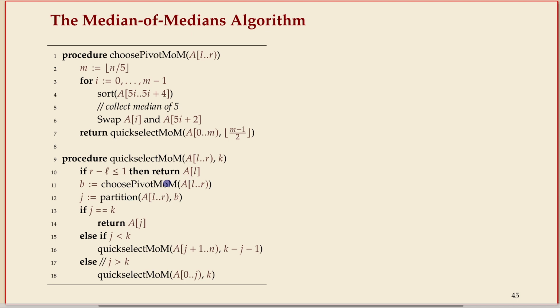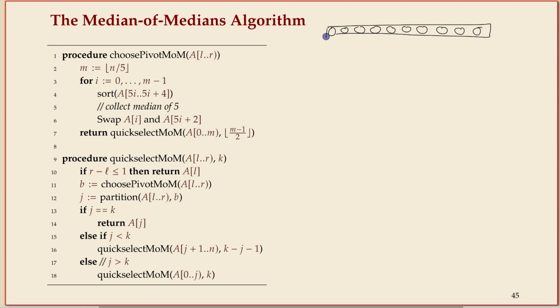So where we choose our pivot here, we call this function. And what it does conceptually is you have your array of all the elements.